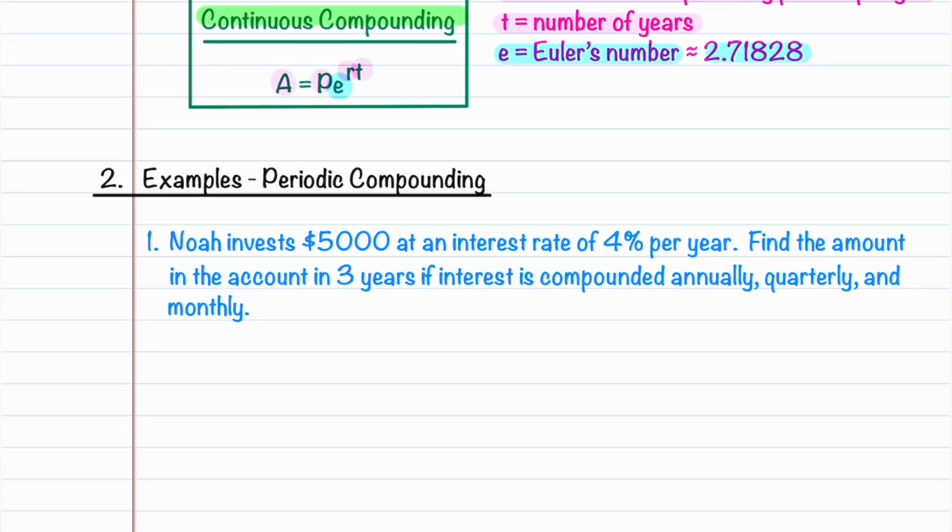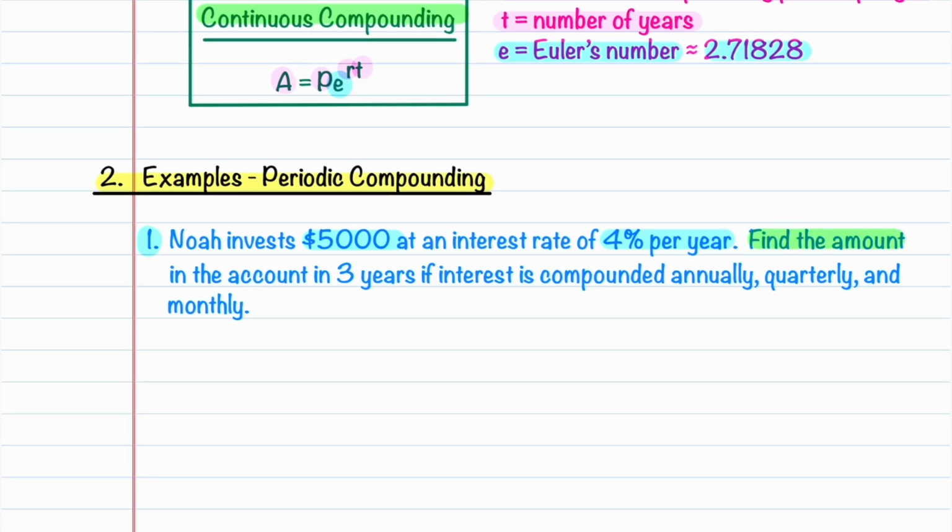Let's now see how all this works by going through some periodic compounding examples. In our first example, Noah invests $5,000 at an interest rate of 4% per year. We're asked to find the amount in the account in 3 years if interest is compounded annually, quarterly, and then monthly.